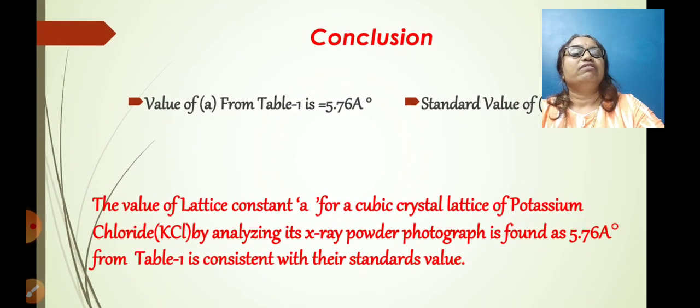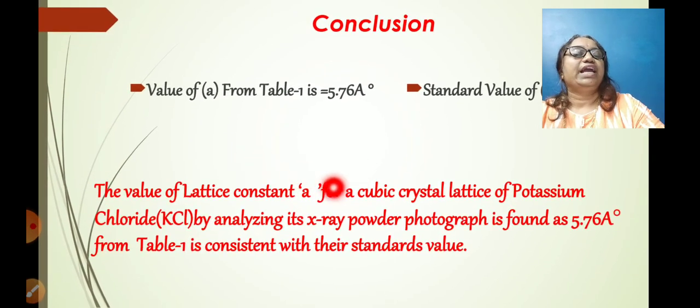The lattice constant a for the cubic crystal lattice of potassium chloride, found by analyzing its X-ray powder photograph, is 5.76 angstrom units from table 1, which is consistent with the standard values.